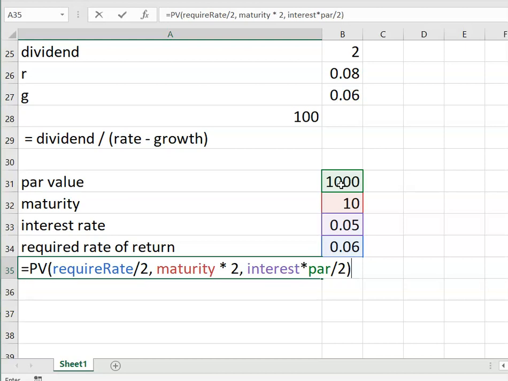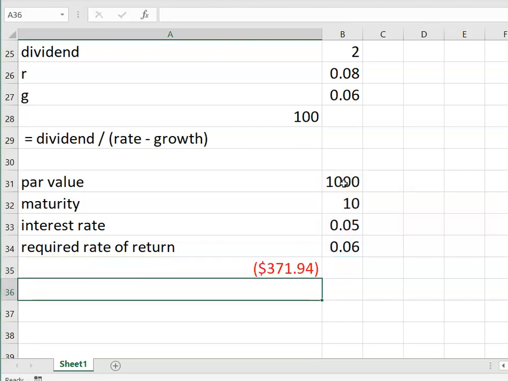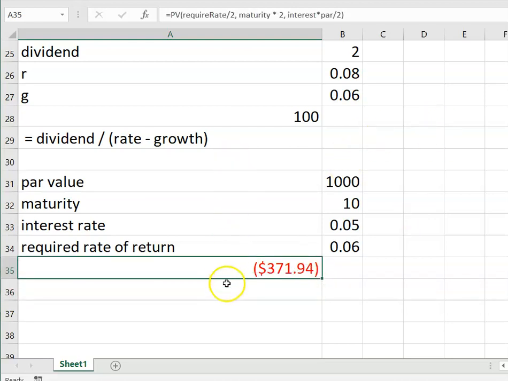So what's the value of that bond? I'm willing to pay $371.94. Okay. Negative. Again, I can make this a positive number by putting the negative sign or changing the values inside.